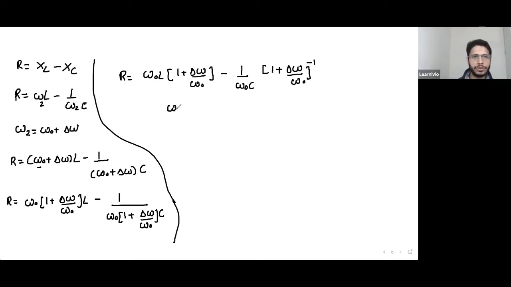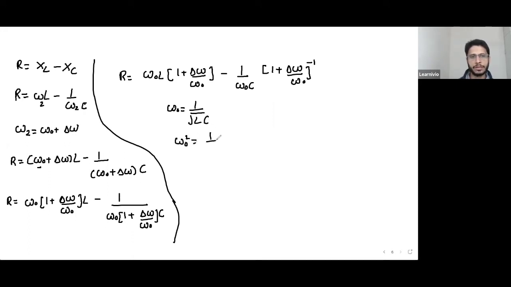Next, you can substitute the value of omega naught. You know that omega naught is 1 by root over LC. So you can take square.